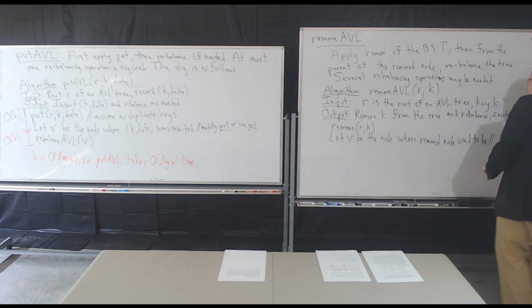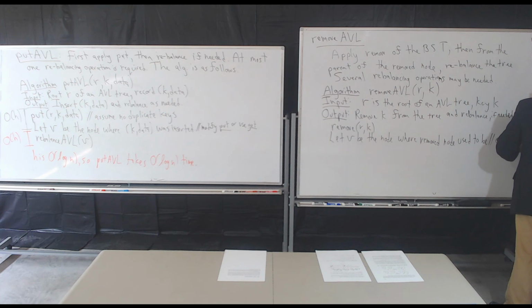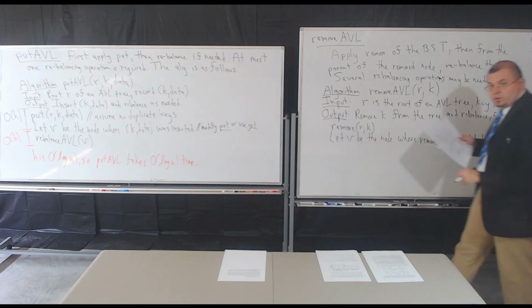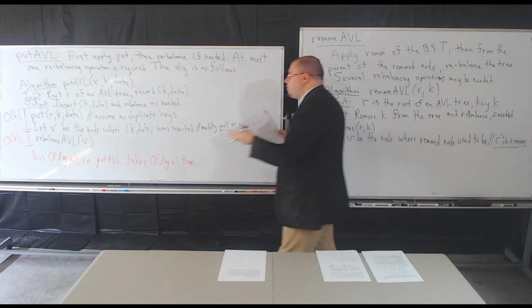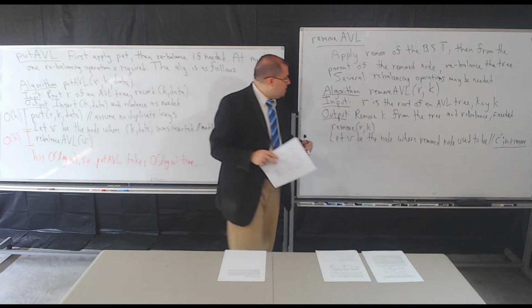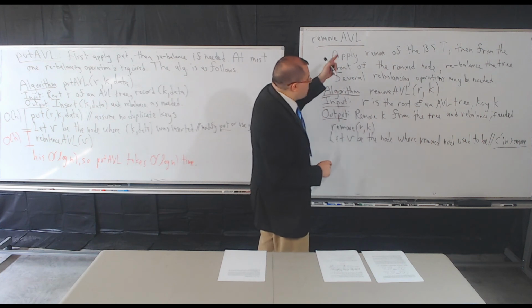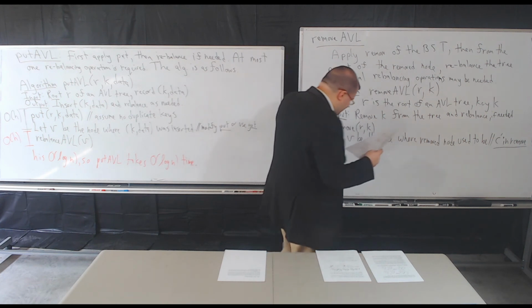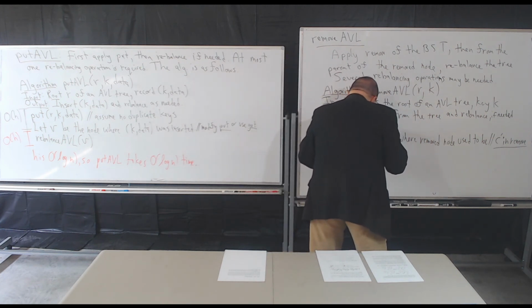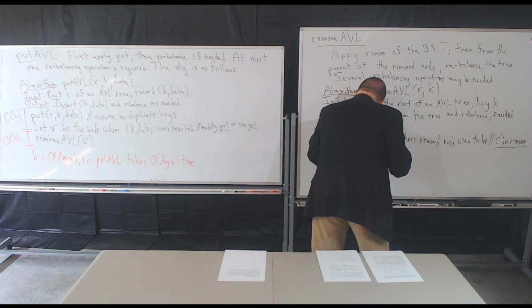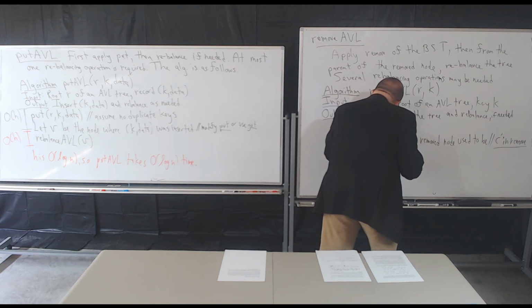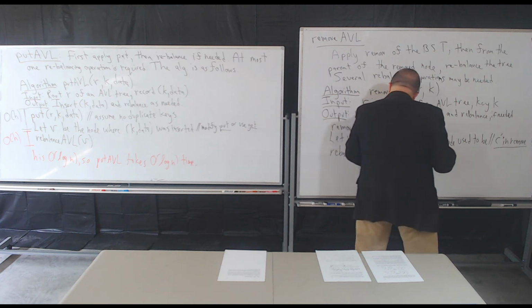Now, if you're wondering what I mean by this, this is C prime in the pseudocode of remove. So if you remember back to the notes on remove, think of C prime. Now, you might ask, oh, well, that isn't really the parent of the one I removed, right? I'm getting to that. All I'm going to do now is just apply rebalanceAVL to V.